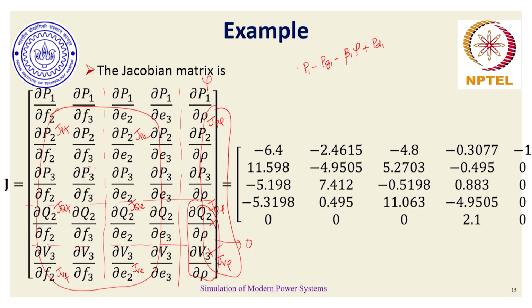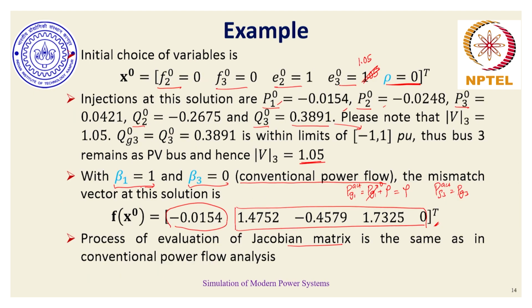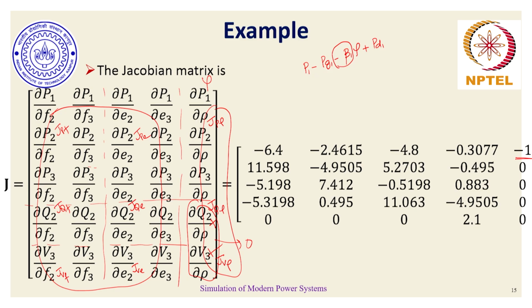If I take its derivative with respect to rho, I will essentially be left with minus beta 1. And for the case that we have chosen, beta 1 as 1, I see the minus 1 term coming here. Rest, beta 3 is 0, beta 2 is 0, so these 2 terms are 0. This is pertaining to Q2 rho. Q2 doesn't have rho expression, whereas voltage also doesn't have rho expression. So that is why these 2 elements are 0.